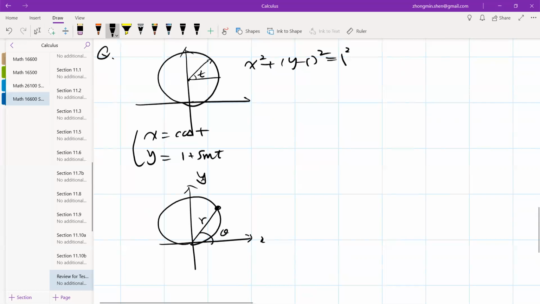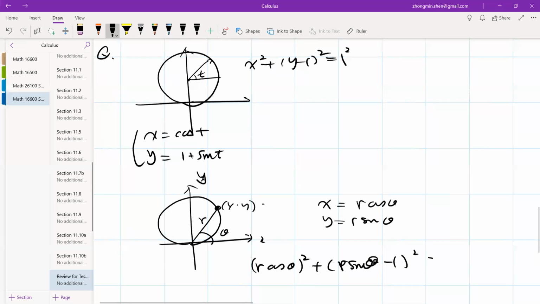Remember, here's x and y. So x equals r cosine theta, y equals r sine theta. I put this into the above equation: r cosine theta squared plus r sine theta minus 1 squared should equal 1.